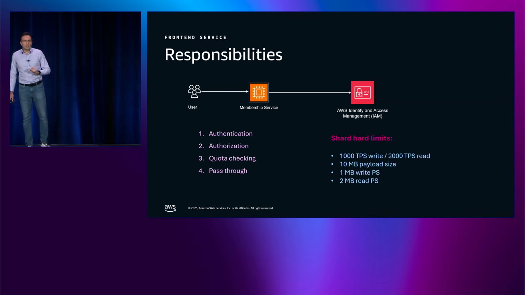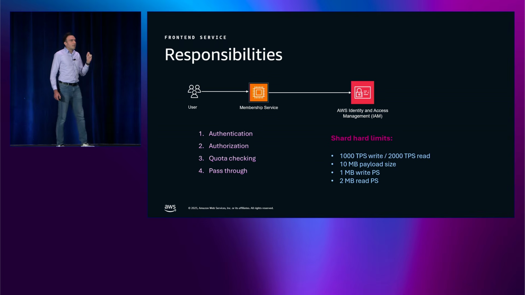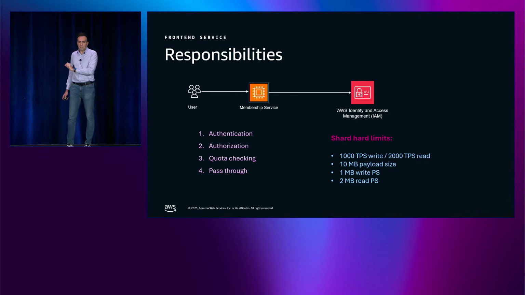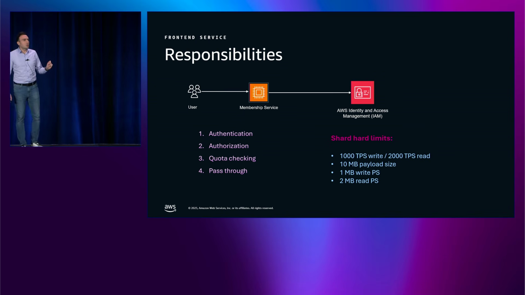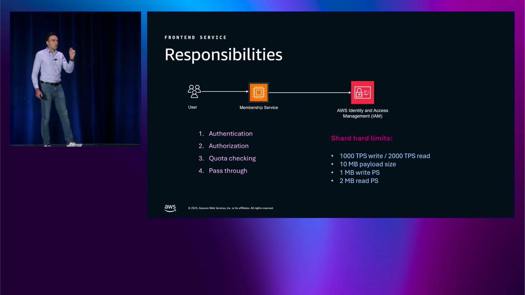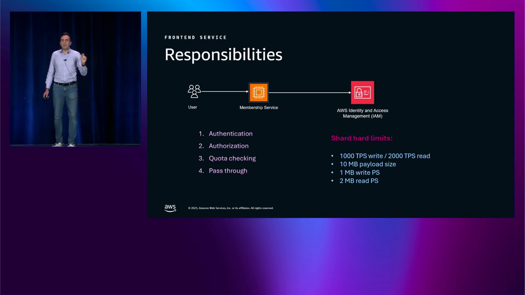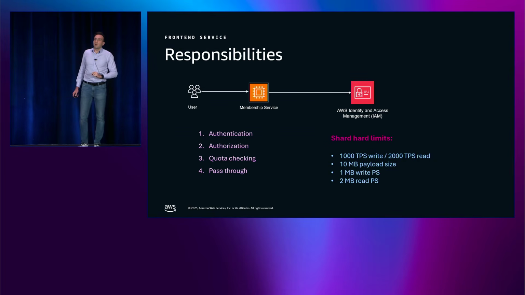So the API needs to make sure every request that is coming in is authenticated, and that the user who's trying to access has access to the resource that is indicated, and also make sure that it's not exceeding the quota, overdriving those backend nodes. It also encrypts the data in transit with TLS, and makes sure that the data is encrypted with the customer managed key or with the AWS key on the backend.